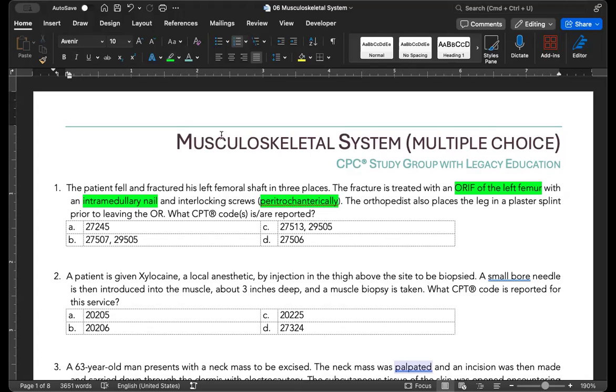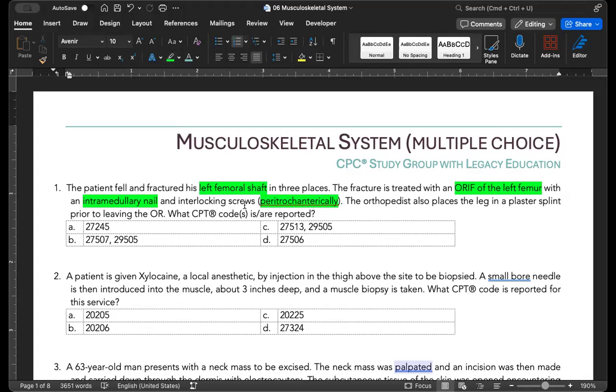So it has all of our keywords. However, make sure that you're paying attention to the way that those words are used. The 27245 is telling us that the fracture is intertrochanteric, peritrochanteric, or subtrochanteric. However, the fracture itself is of the femoral shaft.